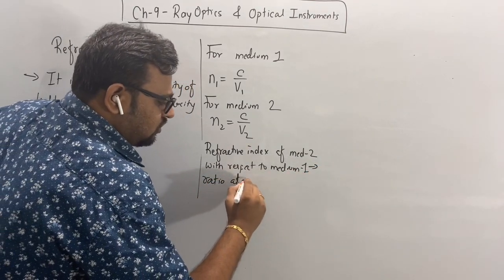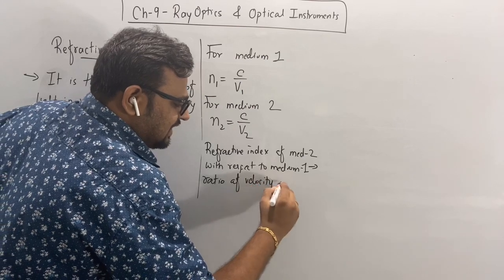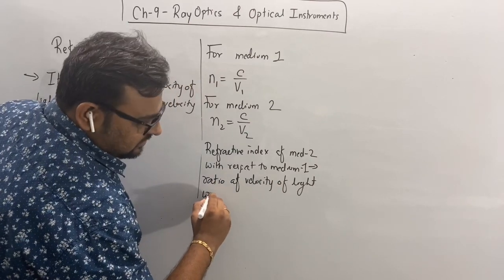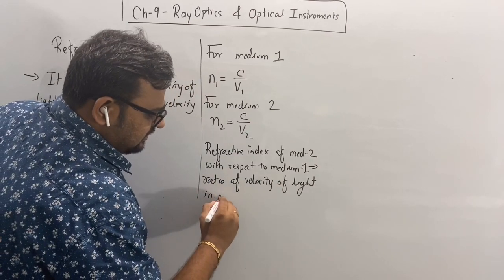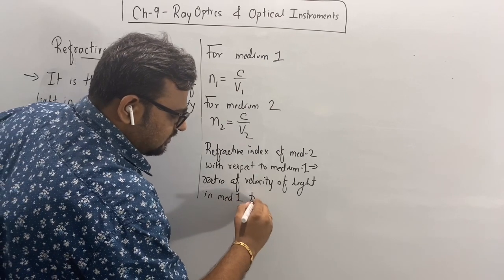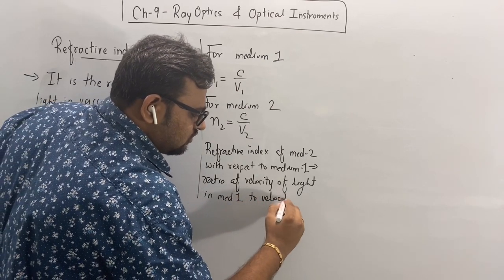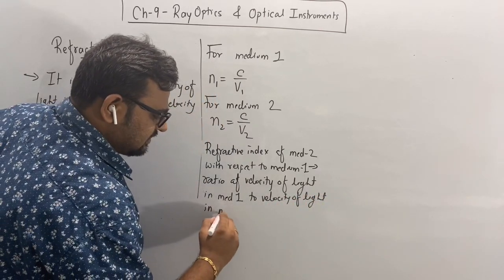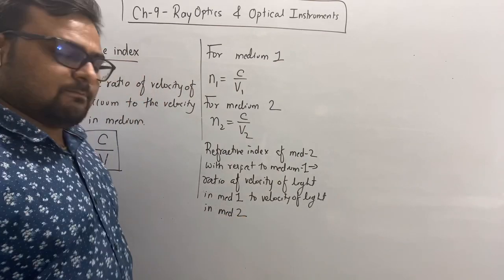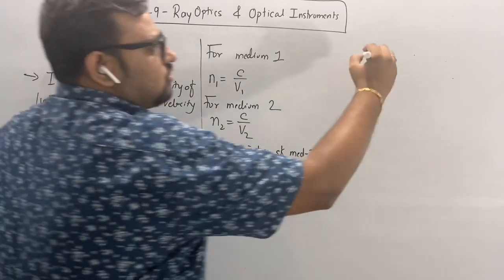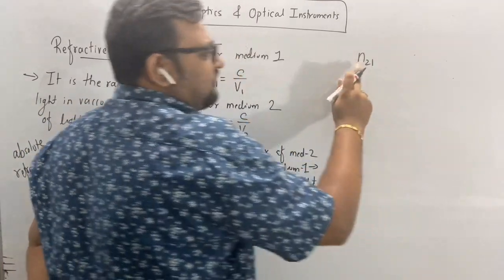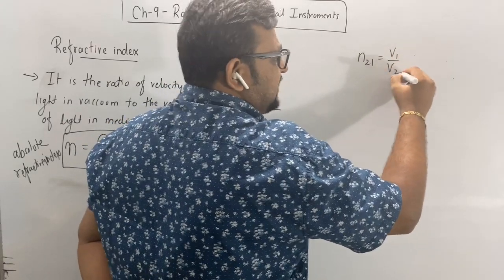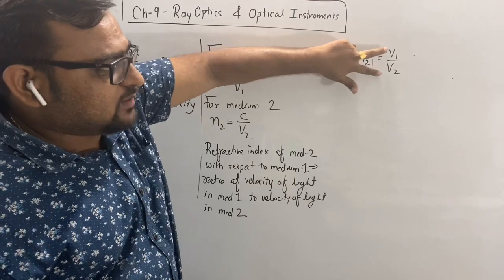So what will be N21, refractive index of 2 with respect to 1? This will be V1 by V2. Don't get confused that this will be V2 by V1.